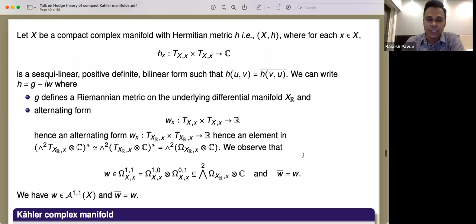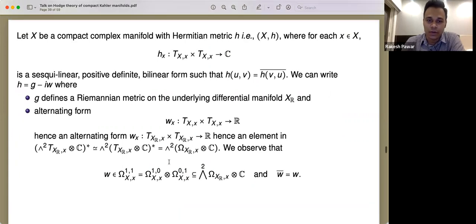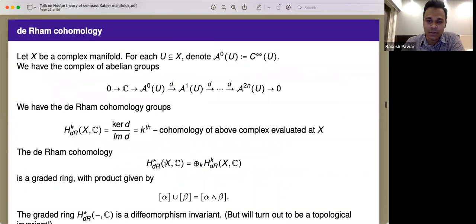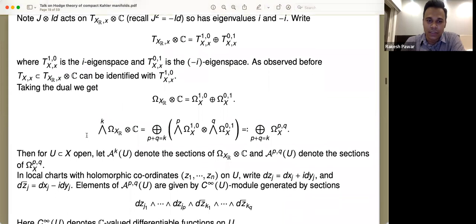Now this is quite special, and I'm just recording it. W will give a section of X in the A^{1,1}. Let me just again recall the definition of A^{1,1}.